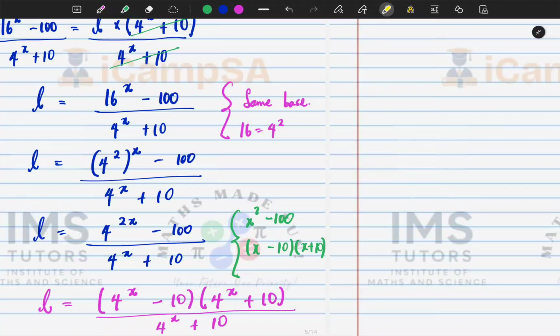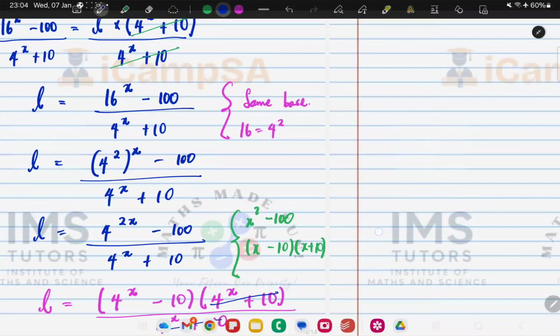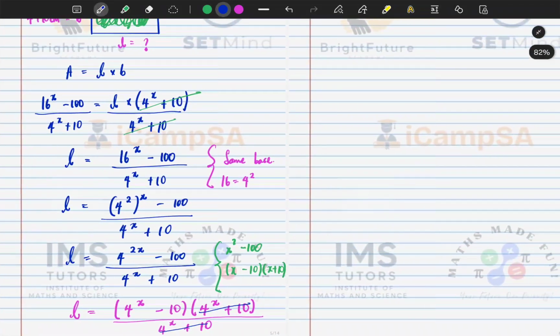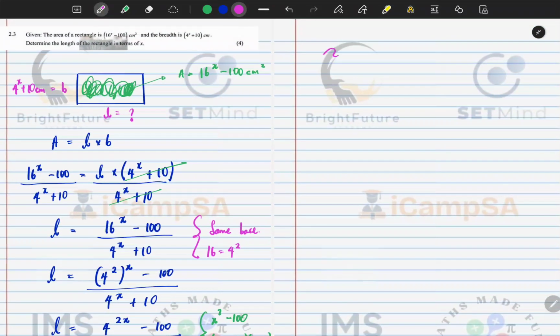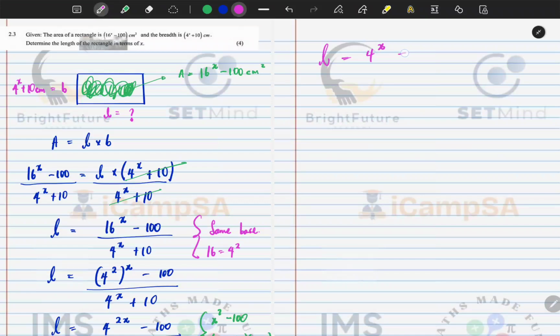So this takes you back there. That and that will cancel out, and then your length will be that. Your length is going to be 4 to the power of x minus 10 centimeters. This is your final answer.